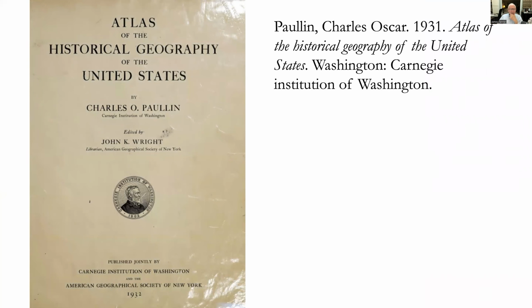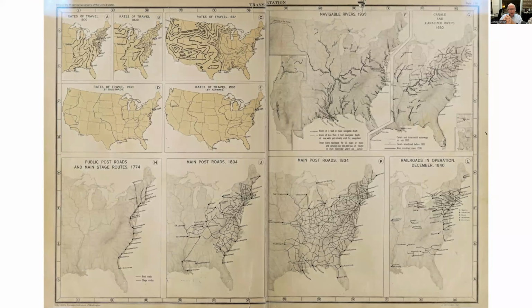So here's a book that was written back in 1932 as part of the Carnegie Institution of Washington. It was put together by Charles Paullin. And it shows maps with different rates of travel in different years, and how fast it was. If you look at the upper left-hand corner, you'll see in 1800, the lines are all really close together.